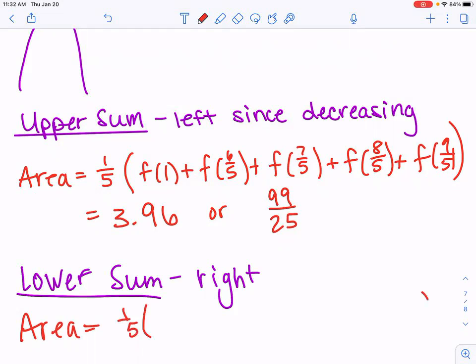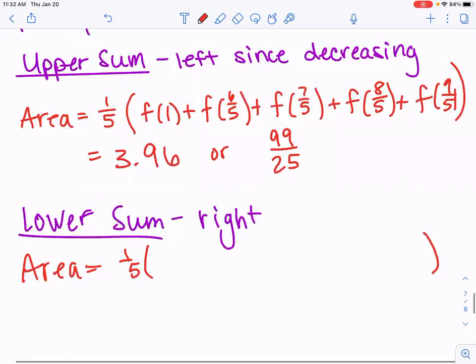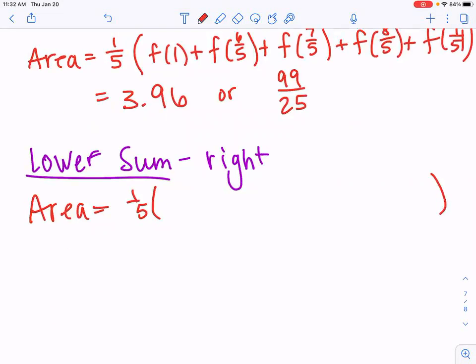I'm not going to type it all in the calculator, but what I want you to remember is that when we are setting up a right-hand sum, please start on the right hand of your interval. So our right hand of our interval would be 2. So f of 2, and then we're going to go down by delta x.